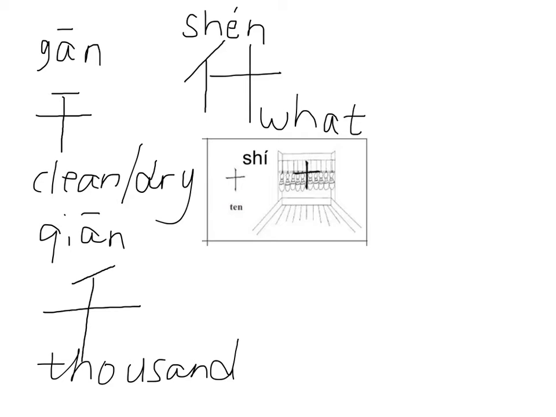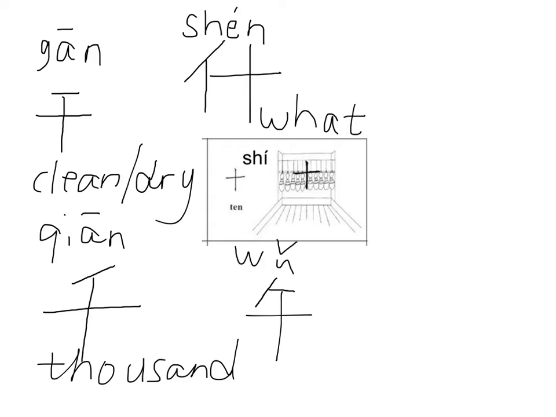Okay. The next character, we still put something on the top. Remember we have 十 here, but we have something on the top. This is 干. And here we have another slight line. So it's called 撇 in Chinese. So it's 午, pronounced as 午.